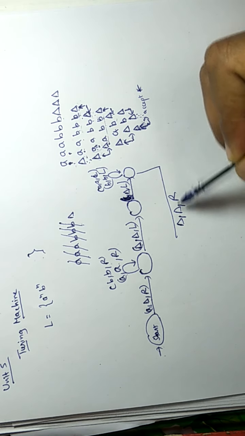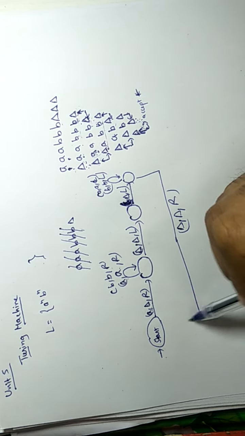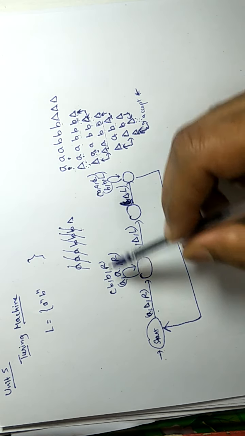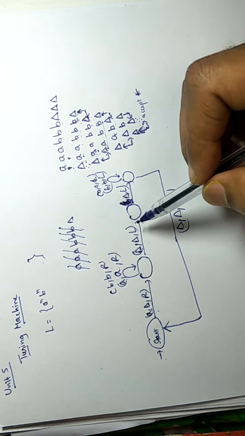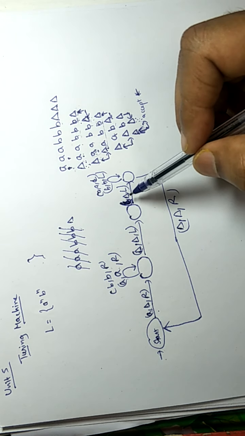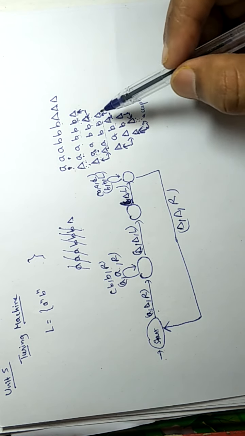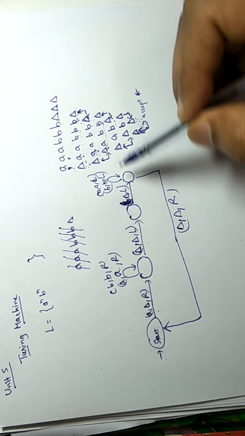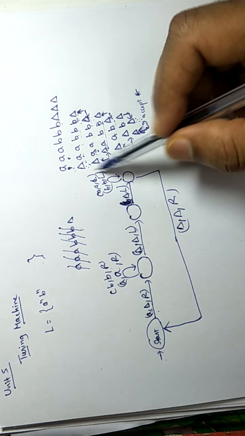So we will move to the right and get A again. Now converting A, moving right, reach the corner, then move to the left, we will get B.